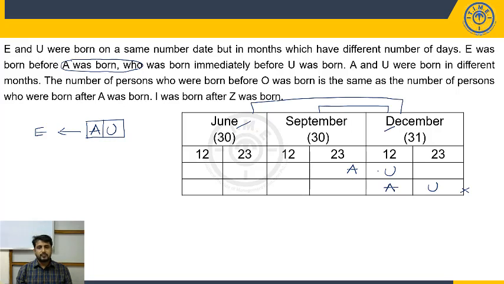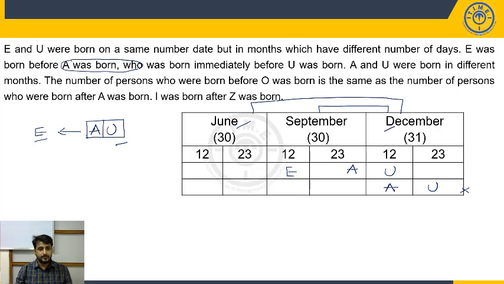The number of persons who were born before O is same as the number of persons who are born after A. Before that, first of all, E can be here, because we are talking about E and U. E and U were born on the same number date, but in the months which have different number of days. So in this case, E will be here, and we will get another case also.